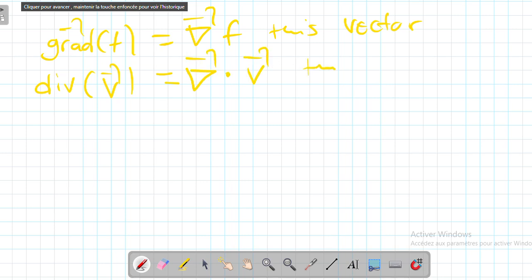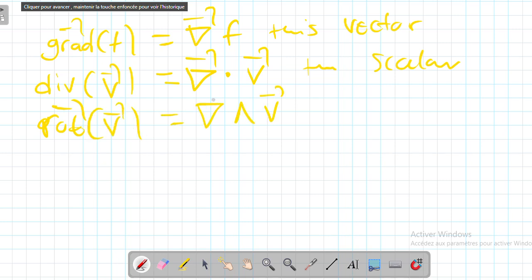Then the rotational of a vector is nabla cross v, which gives us a vector.